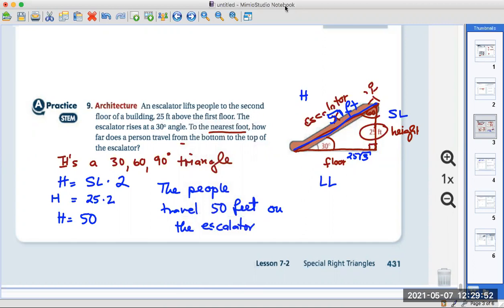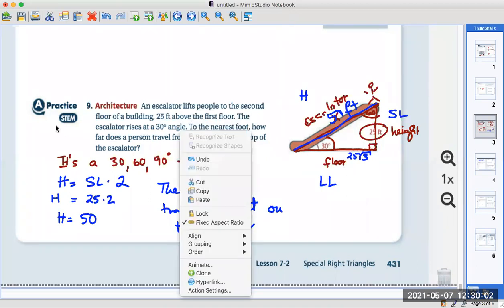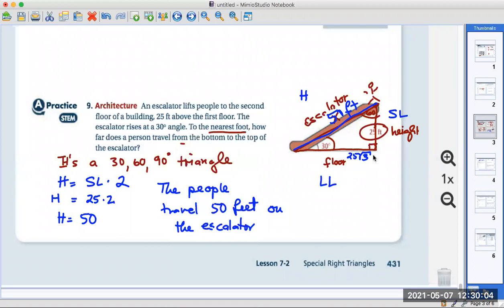I'm just doing hypothetical now. 25 square root of 3 equals, if they wanted to know this length, it would be about 43.3 feet. Rounded to the, oh, they wanted rounded to the nearest foot. So 43 feet.